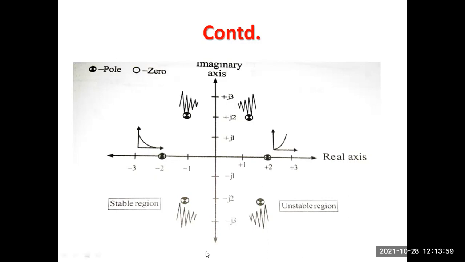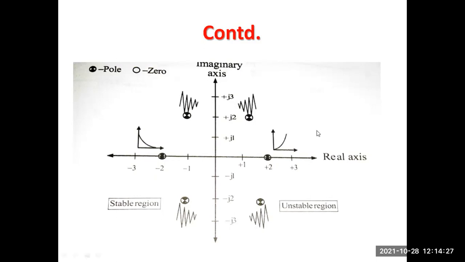Now depending upon the location, let us say the poles or zeros are lying on the positive side of the real axis. So the system response will continuously increase. If the response is continuously increasing, the system will be unstable.